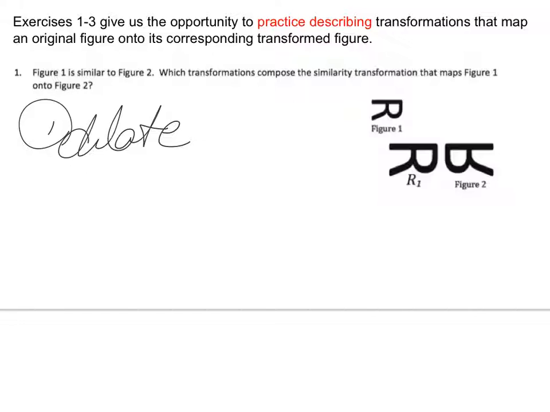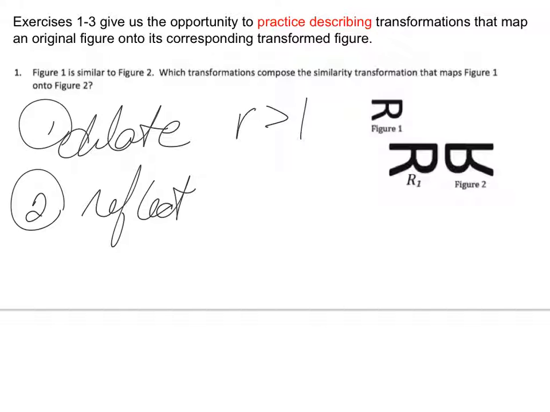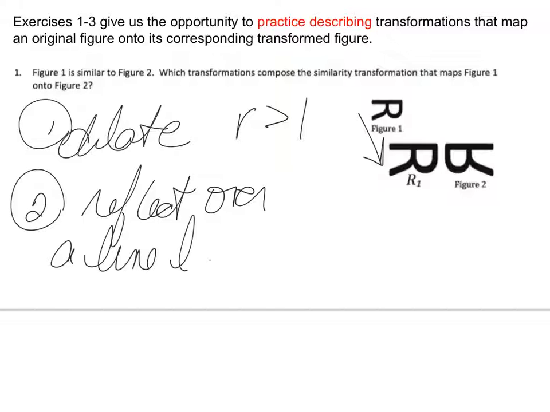Did we get smaller or bigger? Looks like we got bigger, so our scale factor is going to be bigger than 1. And then it looks like we just need to reflect. So figure 1 to figure 2: first I dilated, it got bigger, then I reflected over a line, and I made it to figure 2.